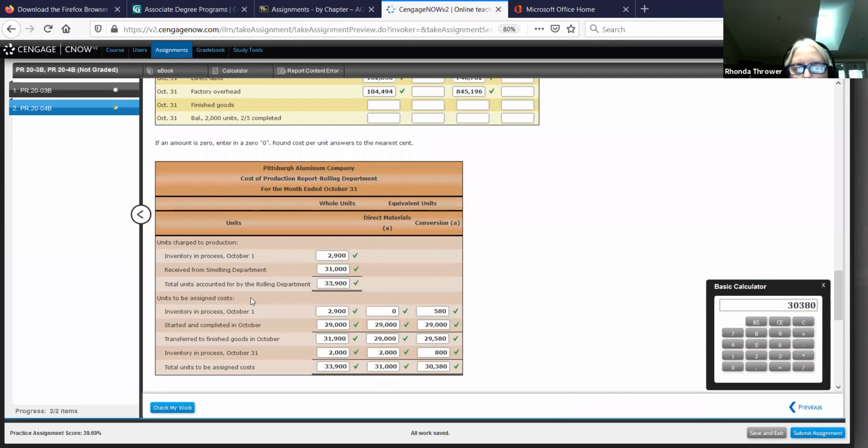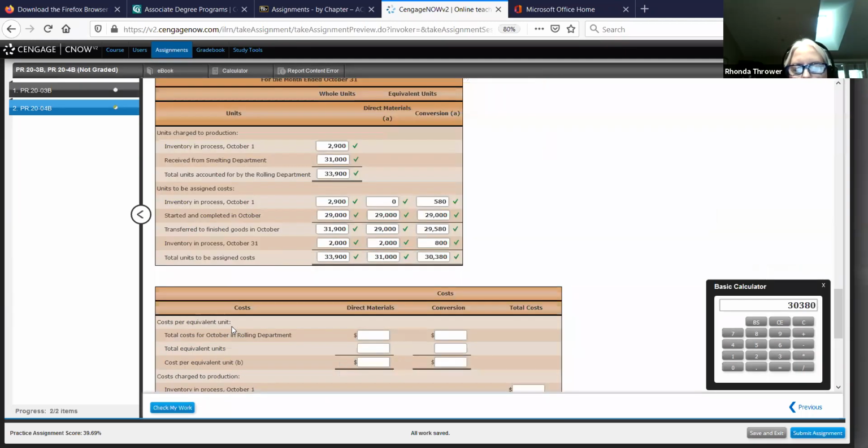And once you have all your units accounted for, you're going to assign cost to those units. Starting with calculating the cost per equivalent unit, we need to know the direct materials cost.